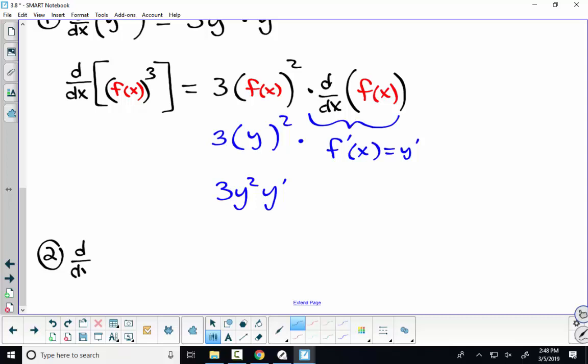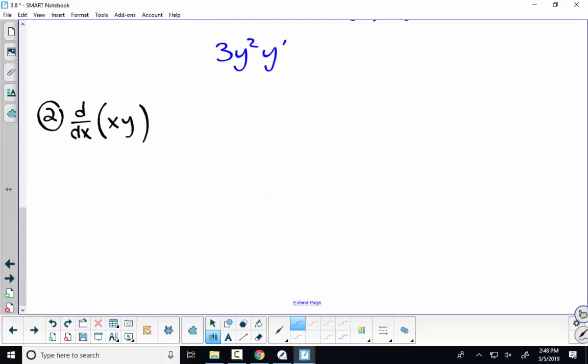About the derivative of xy, we have a product. And I don't know if it's helpful to think about it this way, but it is x times f of x. That's what we're taking the derivative of here. So we have the first times the derivative of the second. What's the derivative of y? Y prime. First times the derivative of the second plus the second times the derivative of x.